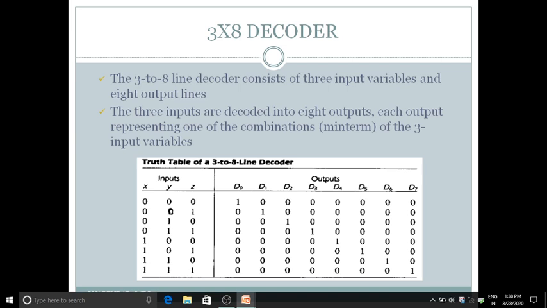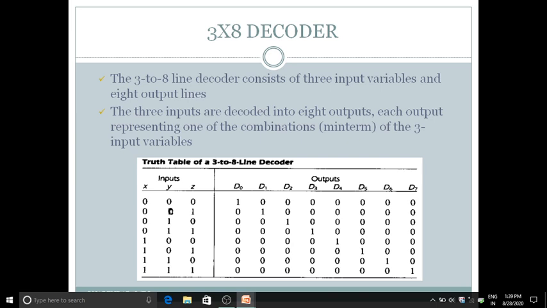Each output represents one combination of the 3 input variables, which, as we have seen, is also called a minterm. So each output represents one minterm of the 3 variables.